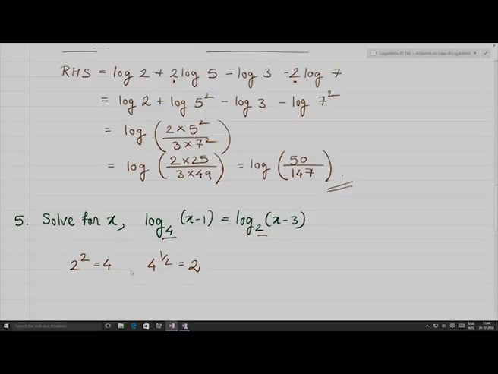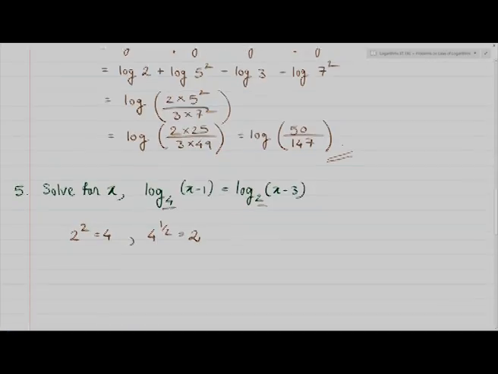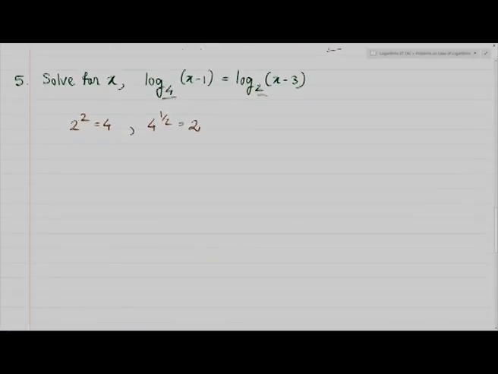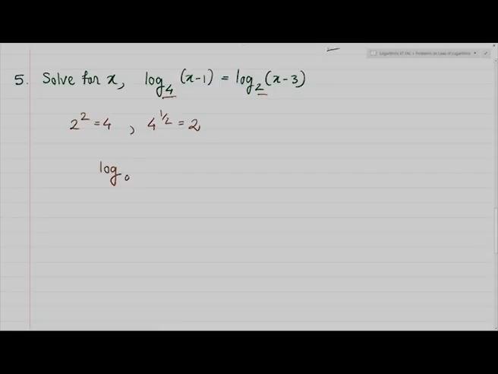If we are using change of base property, then we have to exploit this relationship in a proper manner. So, change of base property says that if you have log to the base a of b, then it can be rewritten as log to some base c of b upon log to some base c, the base should be same here, of a, right.